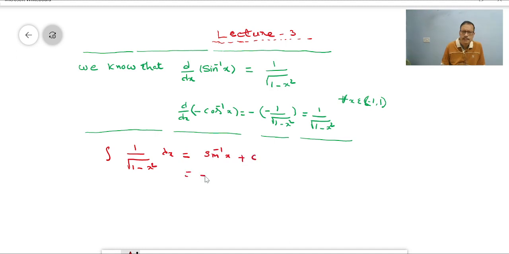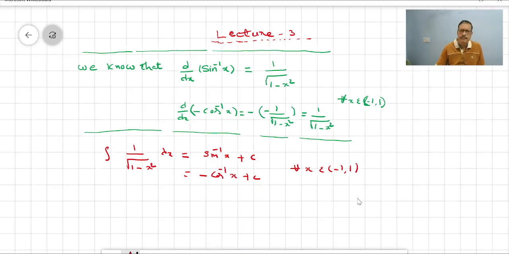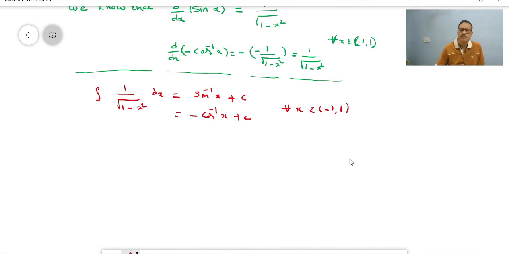This is equal to minus cos inverse of x plus c, for x belongs to minus 1, 1 open interval. So what is the formula of integral of 1 by root of 1 minus x square dx? Sine inverse of x plus c, or you can write minus cos inverse of x plus c, where x belongs to minus 1, 1 open interval.